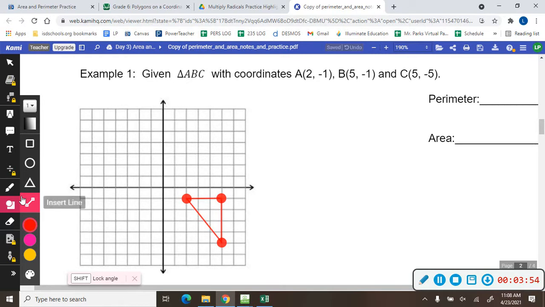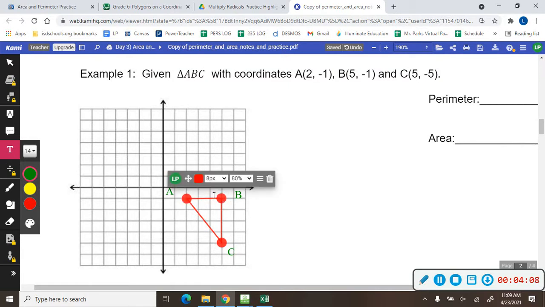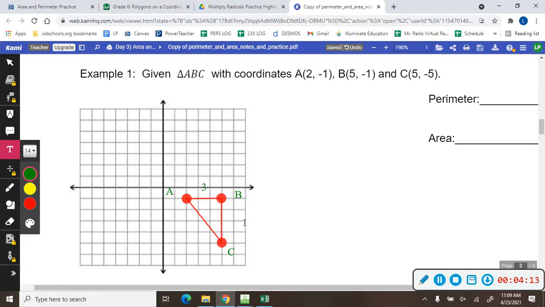But from here to here, and I'm going to go ahead and label these A, B, and C. So if I'm finding the distance from A to B, I just count 1, 2, 3. So from A to B is 3. From B to C, I go 1, 2, 3, 4.